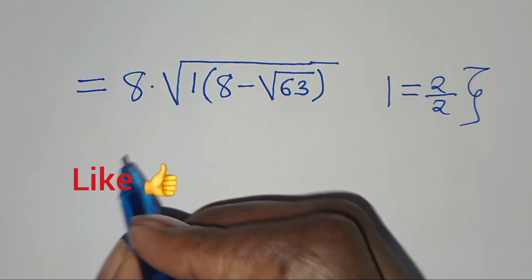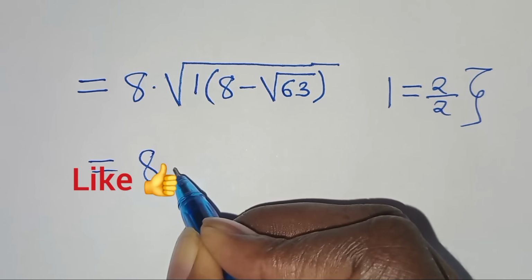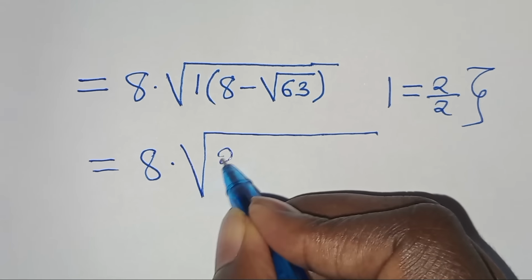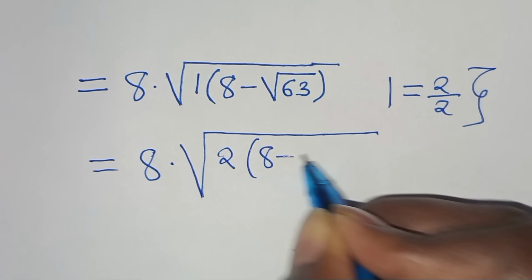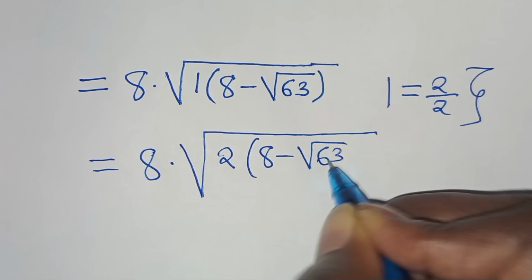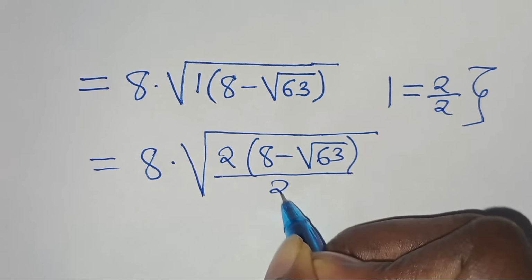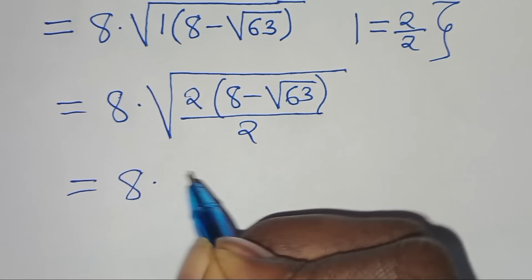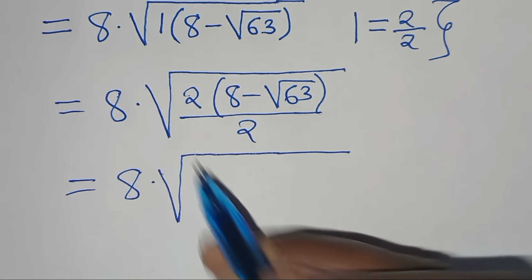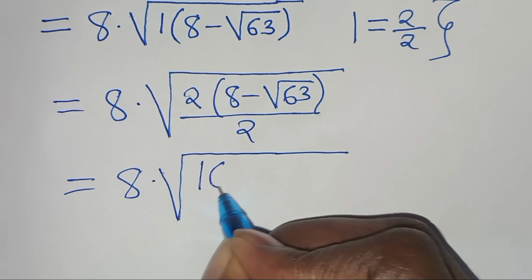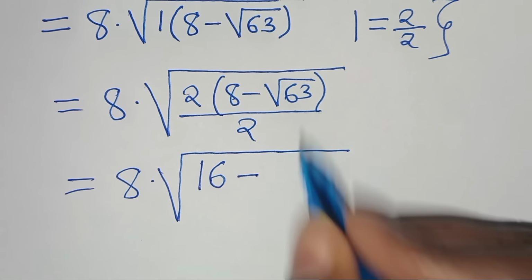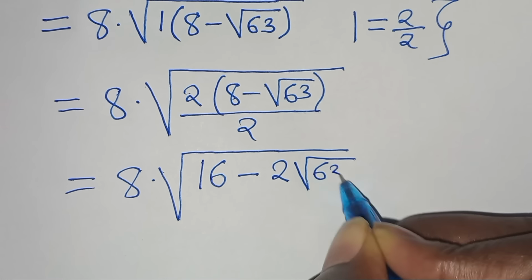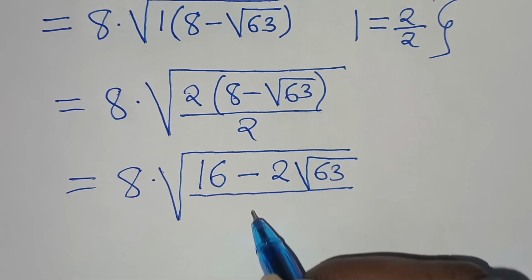Let's substitute this so that now we have 8 multiplied by square root of 2 multiplied by 8 minus square root of 63, everything divided by 2. Now here we have 8 multiplied by square root of 8 times 2, which is 16, minus 2 times square root of 63, everything divided by 2.